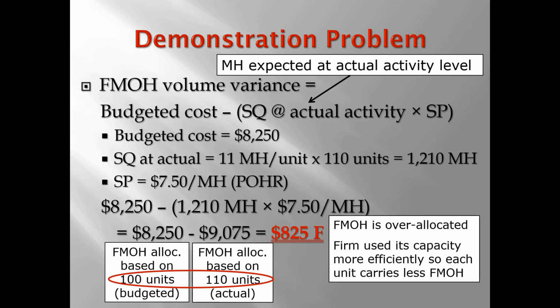In this case, the firm used its productive capacity more efficiently than expected, so that each unit that was made ended up carrying a smaller share of the firm's fixed manufacturing overhead than the budgeted $7.50 per unit.